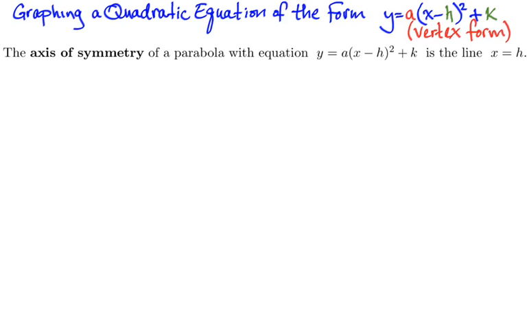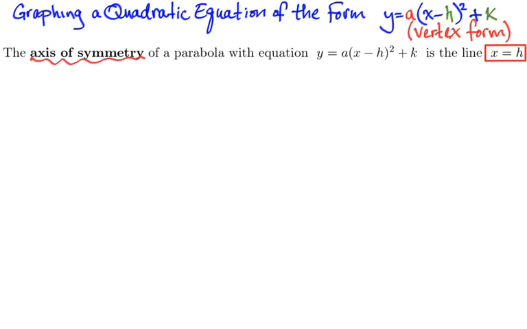So first of all, the axis of symmetry of the parabola. Remember, when the parabola was given to us in standard form, the equation of the axis of symmetry was x equals negative b over 2a. Well, here, if it's given to us in vertex form, the axis of symmetry is the line x equals h.